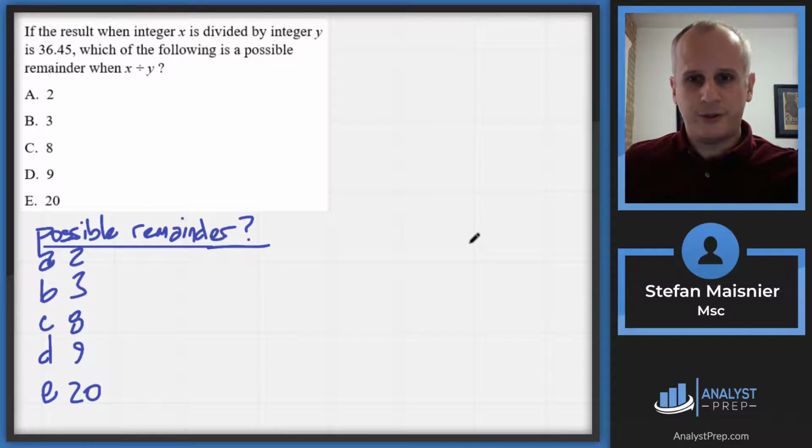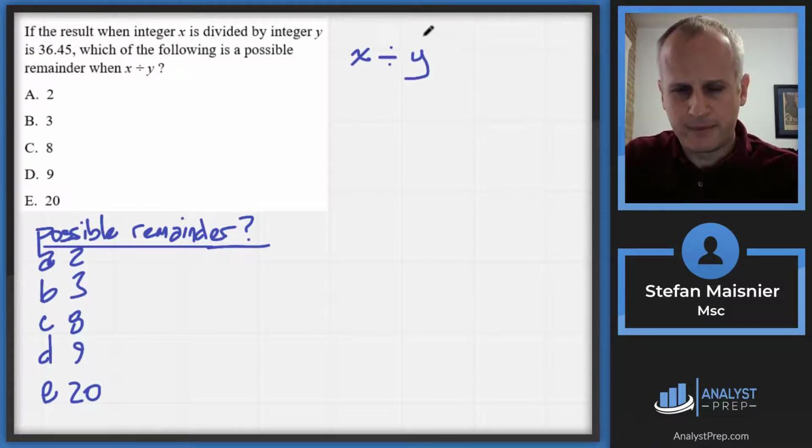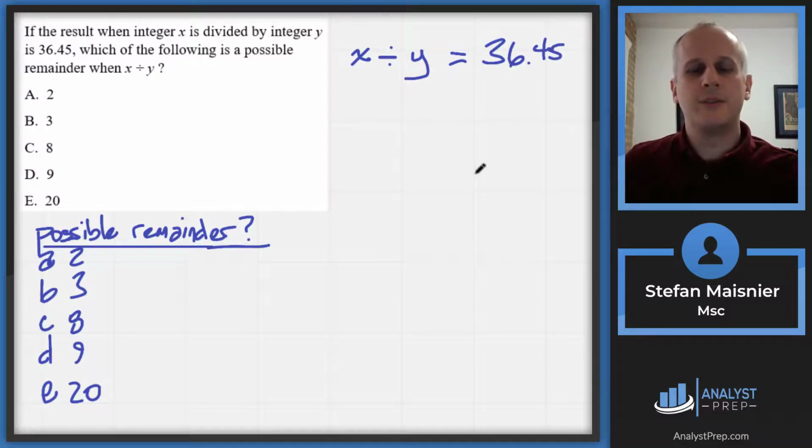So now we'll start reading the question from the beginning, taking notes as we go. So we find that when integer x is divided by integer y, so we're taking x divided by y, that produces a value as a quotient of 36.45. So we want to figure out what a possible remainder when x is divided by y might be.